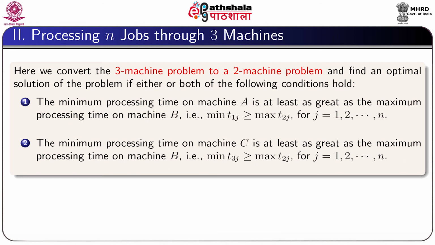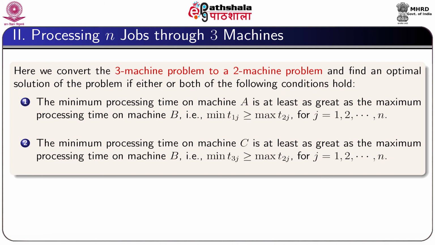and we can find an optimal solution of the problem if either or both of the following conditions hold. Condition 1, the minimum processing time on machine A is at least as great as the maximum processing time on machine B, that is minimum T1j is greater than or equal to maximum T2j for j equal to 1 up to n.